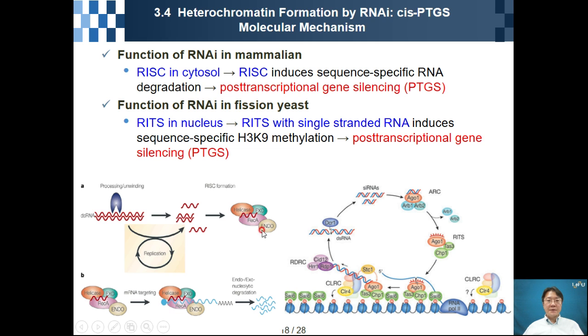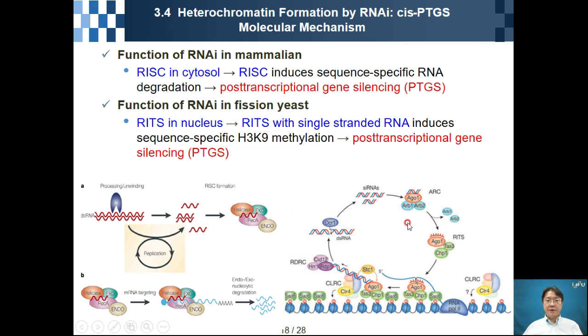The RISC complex has the single-stranded RNA, but it works in the cytosol, not the nucleus. This RISC complex binds specifically to an mRNA sequence. This binding induces sequence-specific RNA degradation, which means it induces post-transcriptional gene silencing.